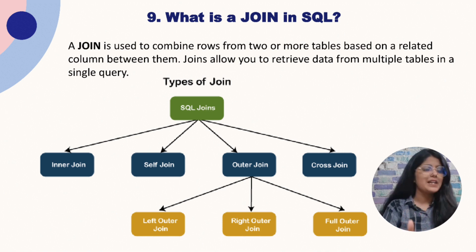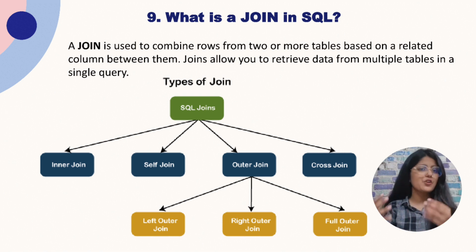There are multiple types of join: inner join, self join, outer join, and cross join. Before jumping to the types of join, let's see why join is used. I have already said that if we want data from multiple tables, we basically use join.